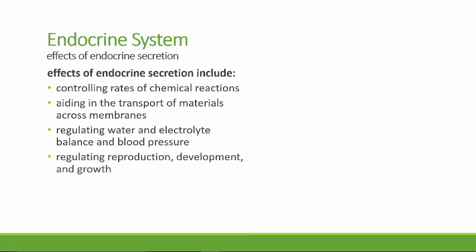So what are the effects that we see associated with the endocrine system? Well, we can see chemical reactions speeding up or slowing down, so we can turn on or off chemical reactions by adding enzymes into the cell. We can see the movement of materials across cell membranes, so from outside the cell to inside, or within the cell, moving across a bit of plasma membrane.